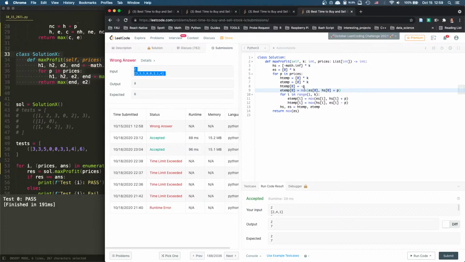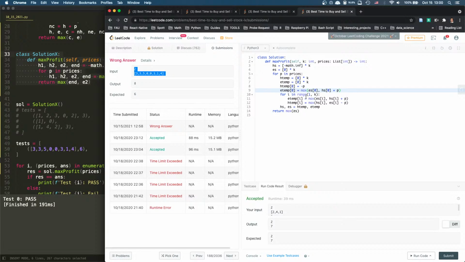And then E0 of empty states will be the previous ES0 or HS holding state plus P. And then for every single one, empty temp, we go all the way to the last one, K. The last one will be the previous H.